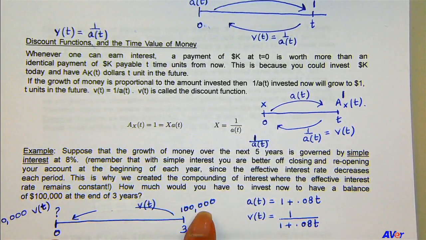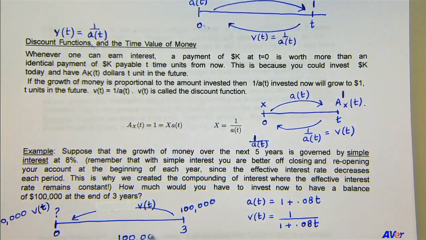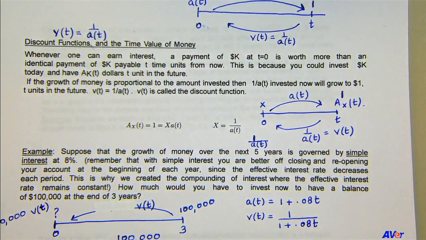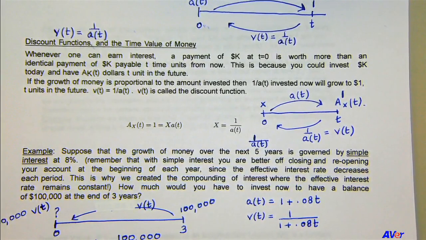I have taken my 100,000 and multiplied by v of t to get the present value of that 100,000. So my answer is 100,000 divided by 1 plus 0.08 t, because all I'm saying is this. v of t is 1 over 1 plus 0.08 t. So t is 3 for me in this example.